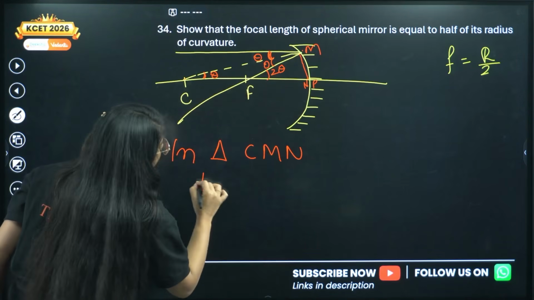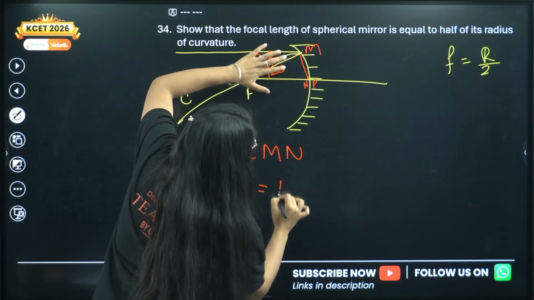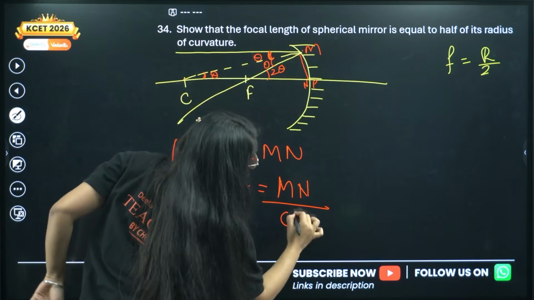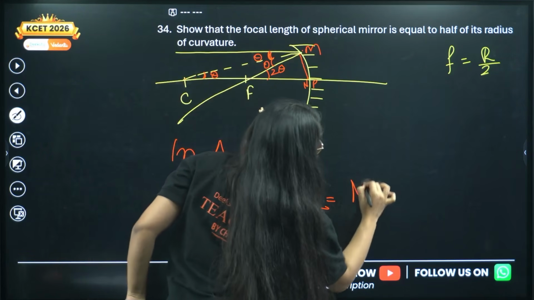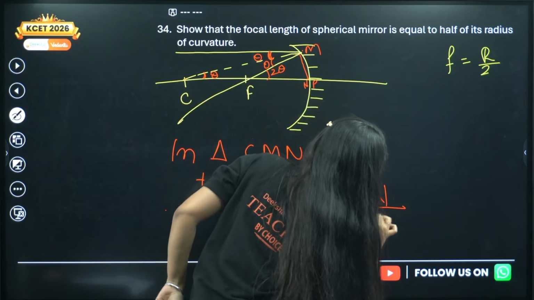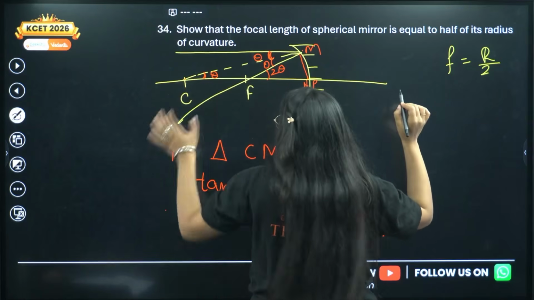Correct? So my tan theta will be what? Tan theta will be perpendicular, that is MN, divided by base, that is CN. Now CN is what? Radius of curvature for us, because normal is passing through the center of curvature.